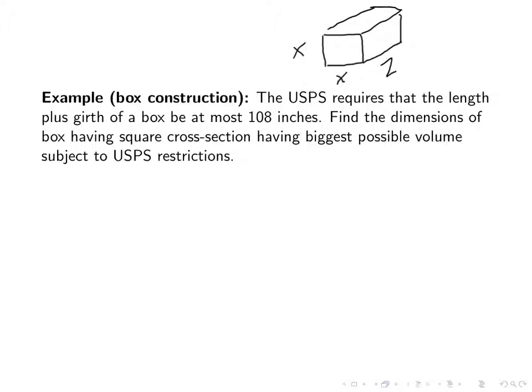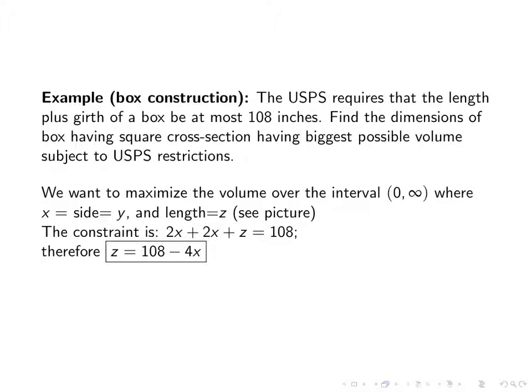So x plus x plus x plus x is the circumference of a cross section, and that is what is known as the girth. So keeping in mind that picture, we want to maximize the volume over the interval from 0 to infinity, where again x is equal to y are the side lengths of a cross section, and z is the length.